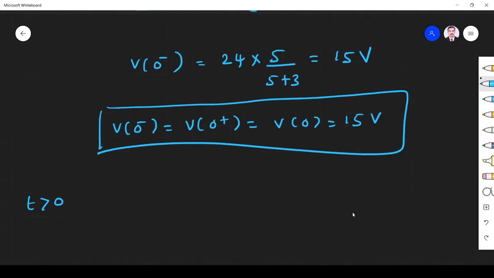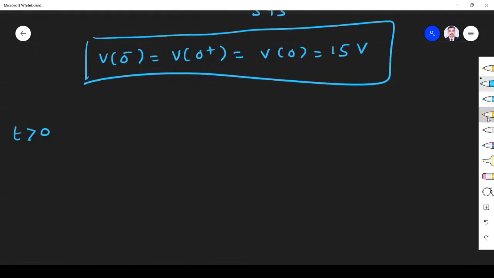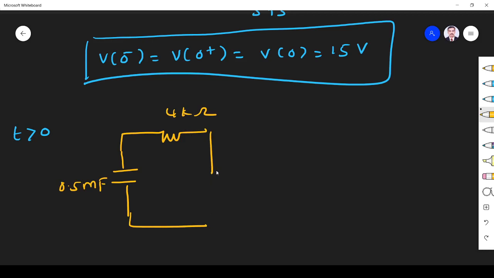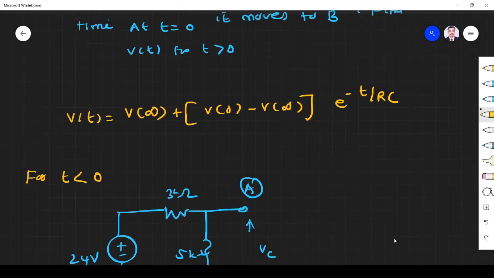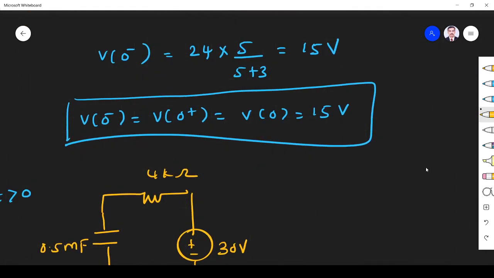So now for t greater than 0, the circuit will be like this: this 0.5 millifarad, this 4K ohm, and this 30 volt. Fine. Now this is the V0 I got. As per the problem, I need one more thing. What is that? V infinity.